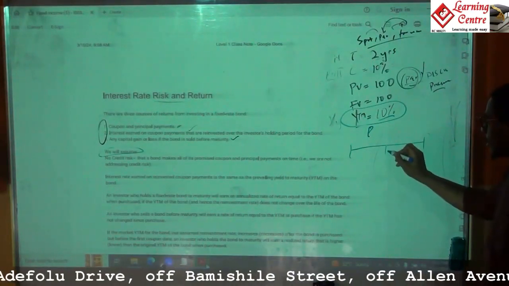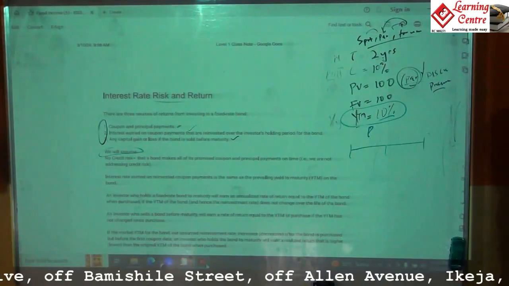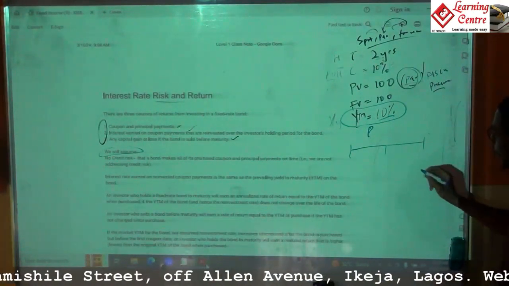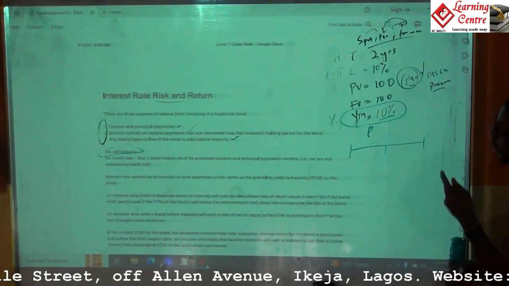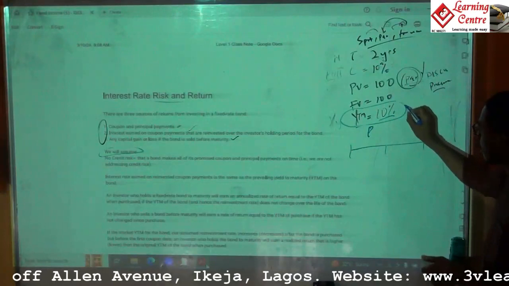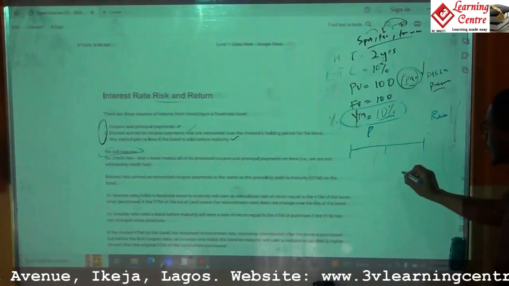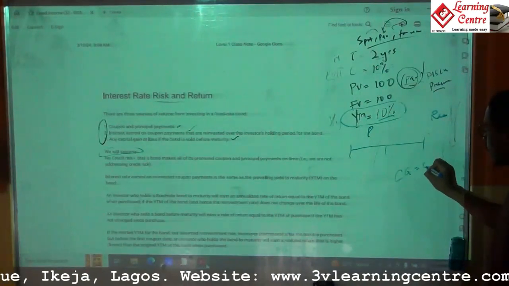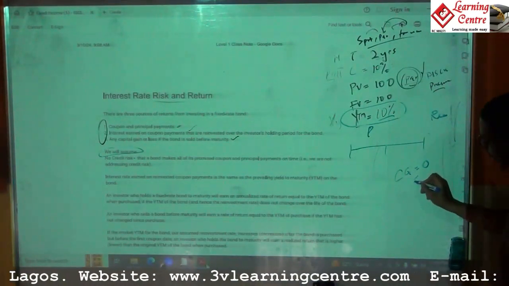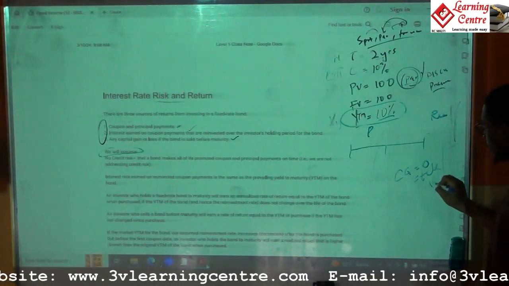But there are instances where you can sell a bond prior to maturity. And when you sell a bond prior to maturity, you have three things. You can sell and your YTM remains the same, so that your capital gain or loss is 0. You can sell at a capital gain, or at a capital loss.